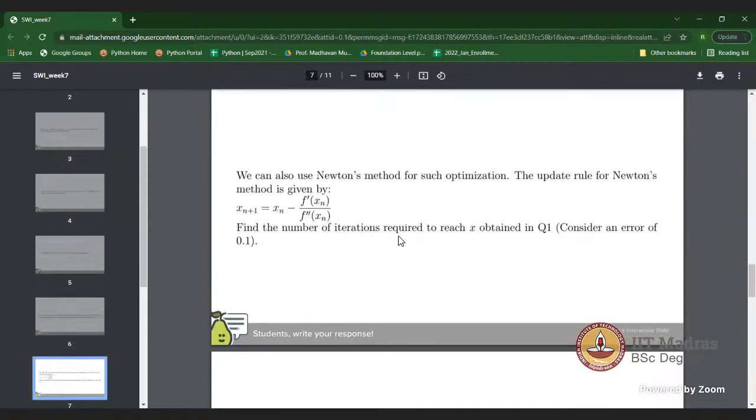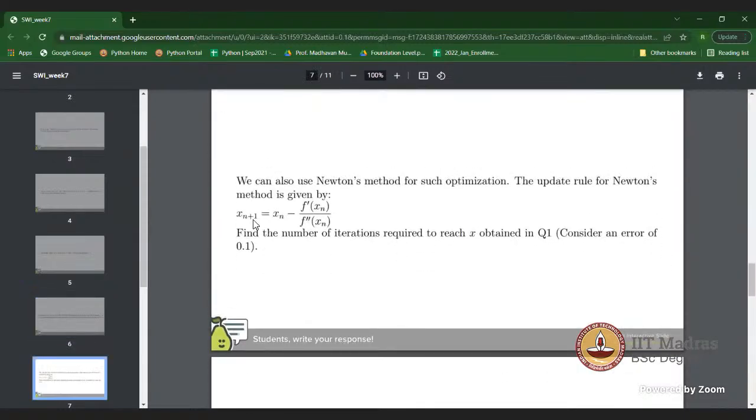We can find x n plus 1 using this formula too. This is Newton's method for optimization. What we used was x n minus eta into f dash of x n.